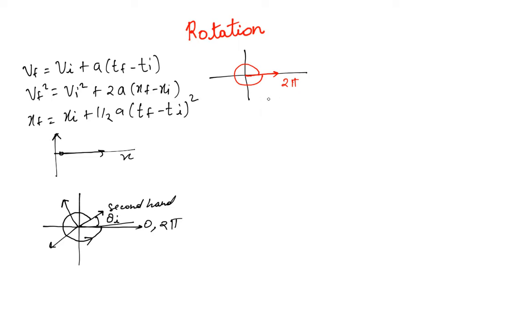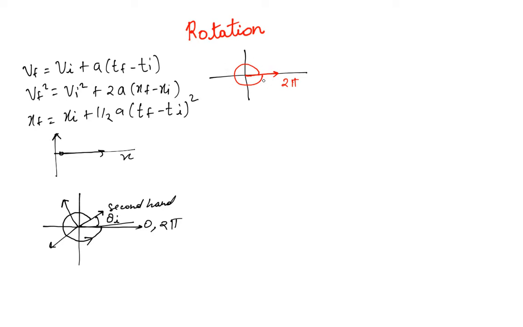Well, it can move in the other direction also. It can move faster, like the hour hand is moving slower, the minute hand is moving a little faster than the hour hand, and the second hand is moving even faster than the minute hand. I mean, it can cover larger angles in smaller times.